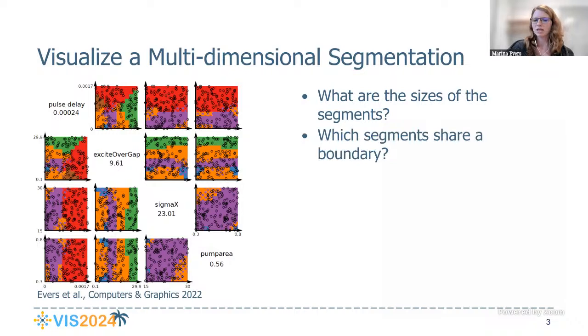We might also ask which segments share a boundary, so that we know between which possible outcomes from the different parameter settings a transition is possible. And we might ask how large this boundary is, to also say how likely it is that a transition can occur.